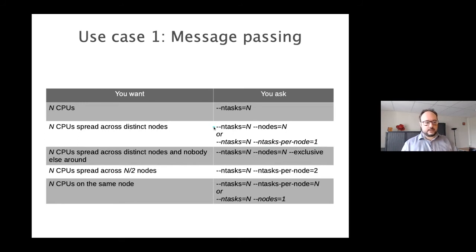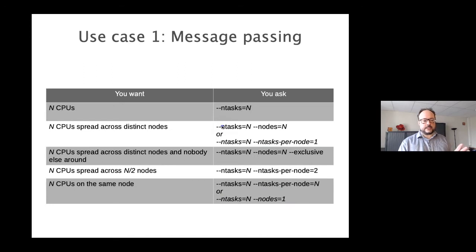On the other side of the spectrum, if you want all your CPUs on the same node for any reason, you can use ntasks again, and then ntasks-per-node is set to the same amount, or you can use this way, which is equivalent.